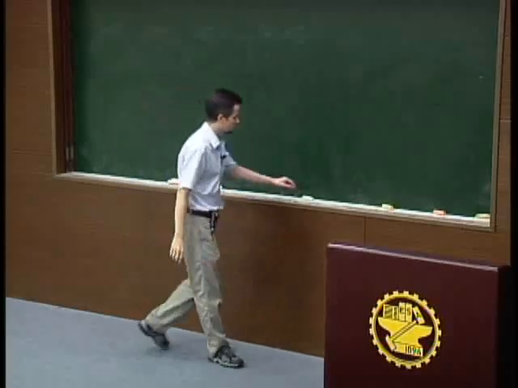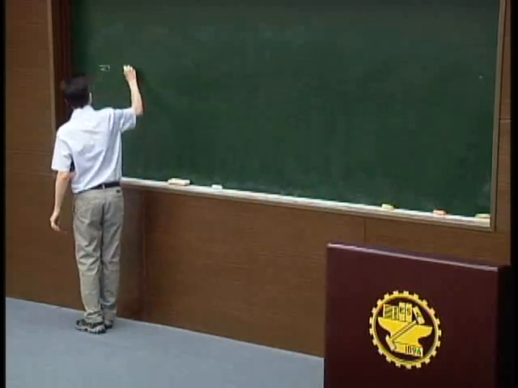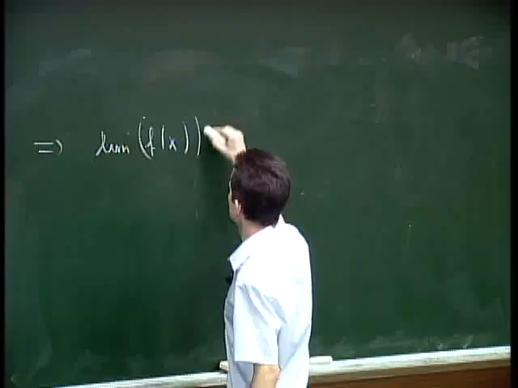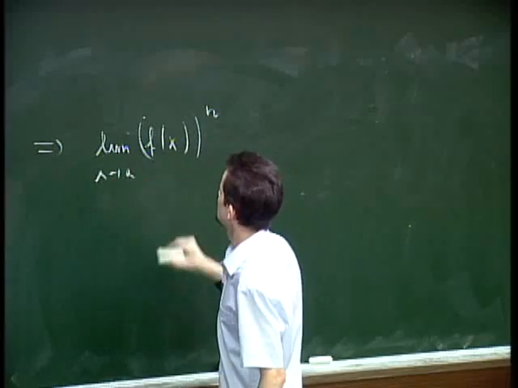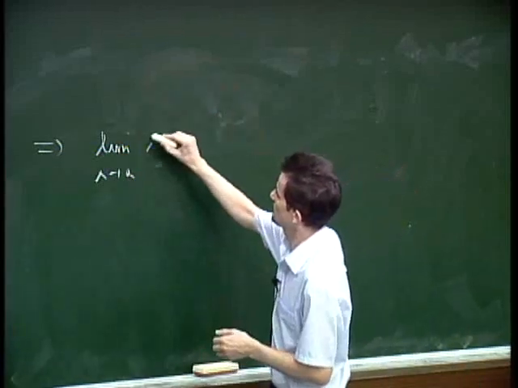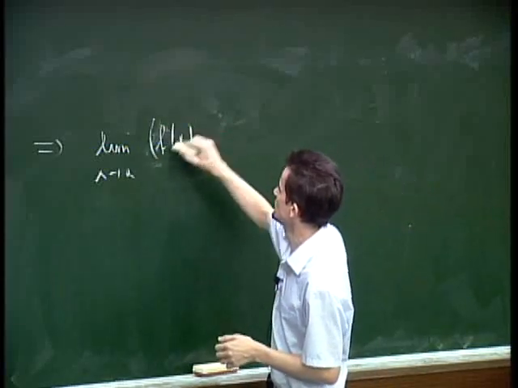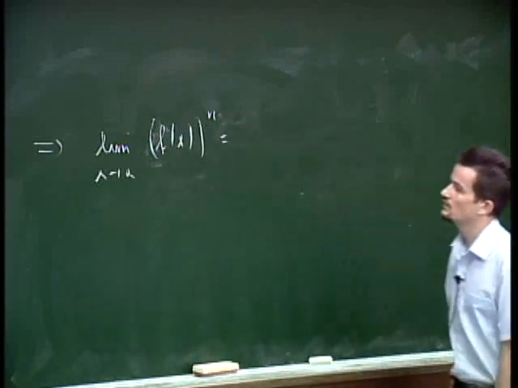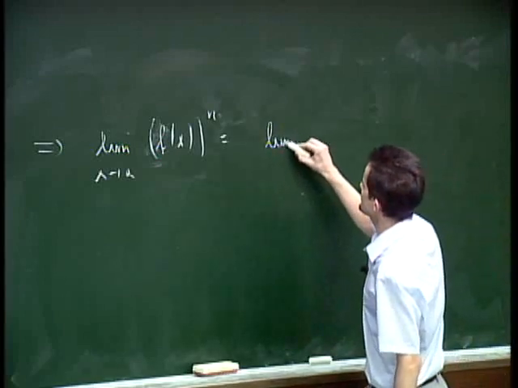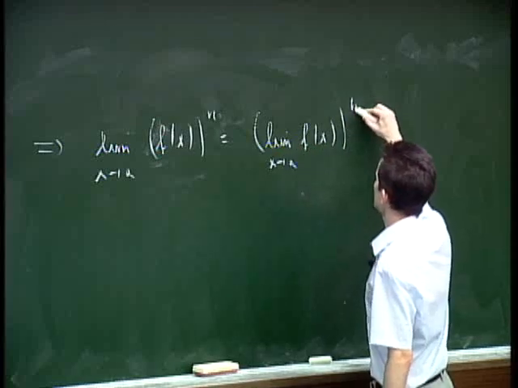Okay, so actually from those limit laws, you already get some consequences. For instance, a very easy consequence is this: if you look at the nth power of a function, and you use the product rule again and again, you get eventually that the limit of f of x to the n as x tends to a is equal to the limit of f of x as x tends to a, to the n.